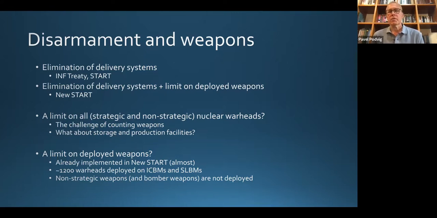It's not very straightforward, but basically we know how many weapons are deployed, and that is an interesting development. And of course, now that we are looking at the end of the New START Treaty in 4 years, apparently people are asking, what do we do next?